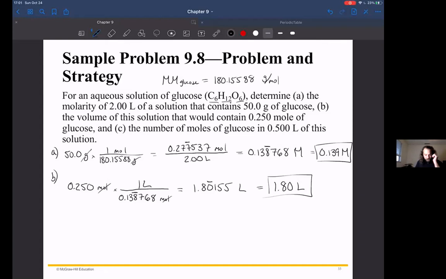Make sure you're taking those unrounded concentrations to use in future calculations. And then lastly, what is the number of moles of glucose in 0.5 liters of solution? I'm going to use my same concentration here, again the unrounded form, in that conversion factor of moles per liter. Since I'm starting off with 0.500 liters on top, I'm going to put the liters on the bottom.